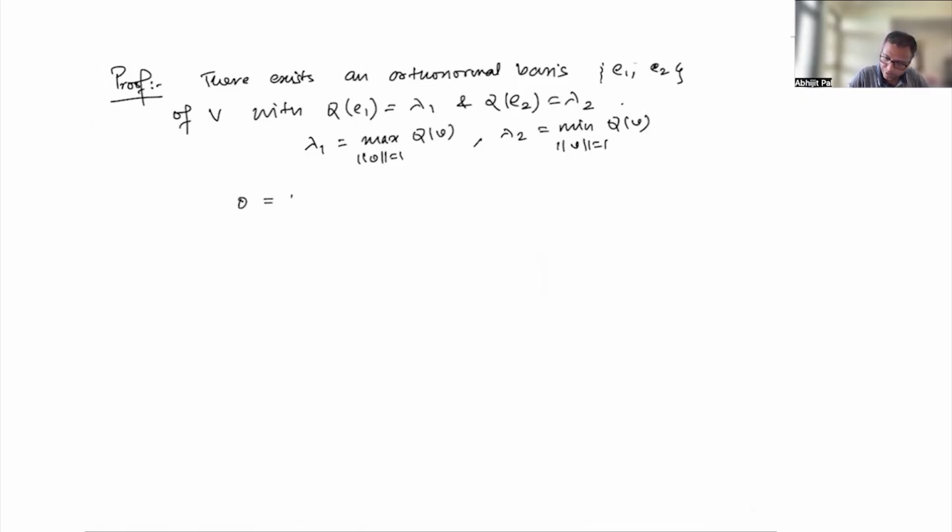So 0 is equal to B E1 comma E2, which is equal to the inner product of A E1 comma E2. So this shows that AE1 is orthogonal to E2.